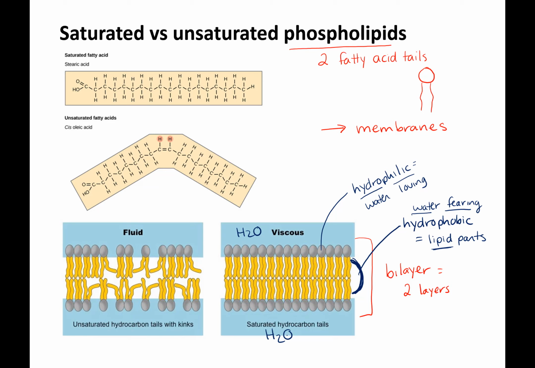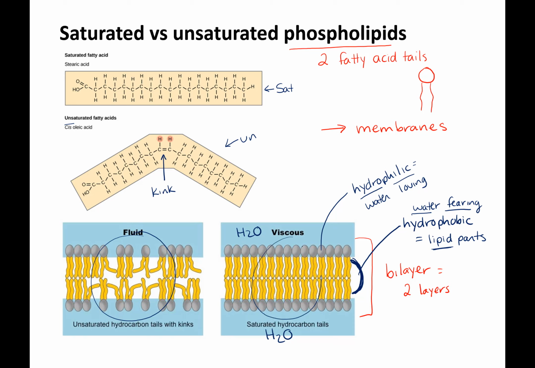So what does that have to do with saturated and unsaturated phospholipids? If we look here again, here's a saturated one, all single carbon bonds. It makes this nice long tail. Here's an unsaturated one with the carbon-carbon double bond that puts a bend or a kink. So if we look at membranes, where we have the unsaturation, it becomes more fluid.